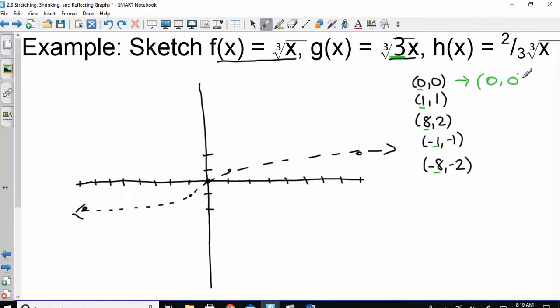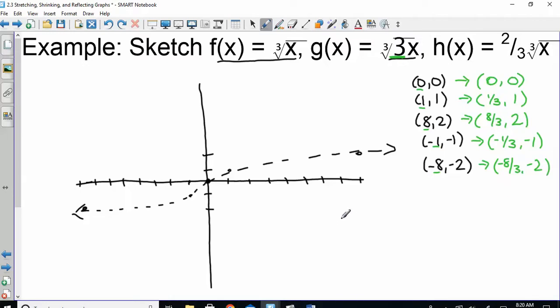So 0 divided by 3 is still 0. 1 divided by 3 is 1/3. 8 divided by 3 is 8/3. Negative 1 divided by 3 is negative 1/3. Negative 8 divided by 3 is negative 8/3.